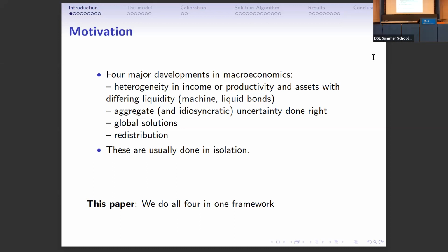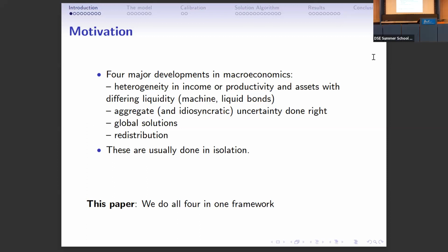These papers are motivated by the fact that during recessions or during the pandemic, we see more uncertainty at both aggregate level and individual level, and it would be important to incorporate this uncertainty into macroeconomic models.